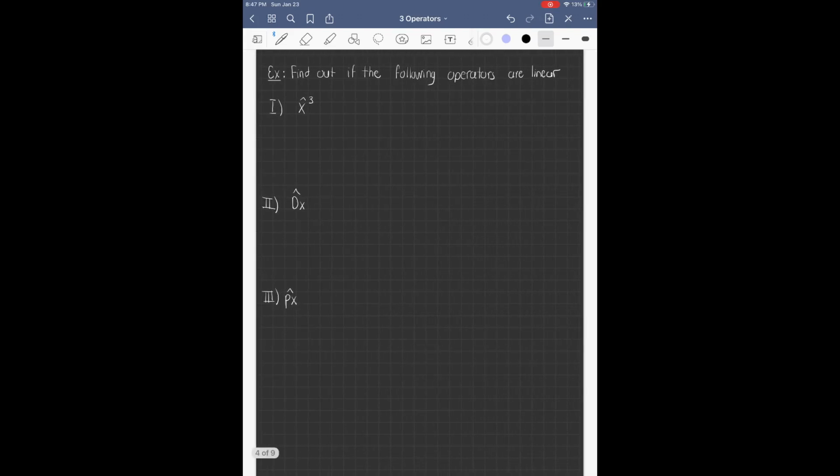Okay. Now, we're gonna go examples for linear operator. So let's just say, like I told you, it's x to the third. So let's just say I have x to the third, and I operate on two functions, right? This would be the same as if I were to do this. So operate on these separately.